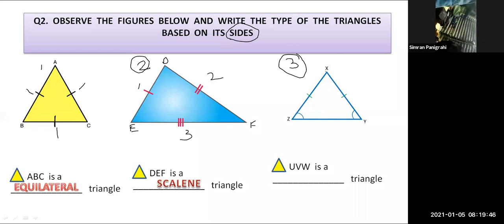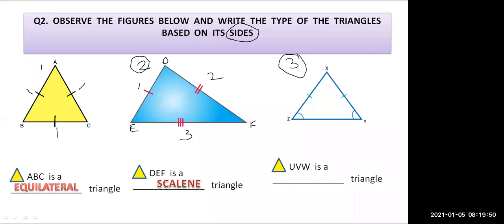Side XZ and side XY. Very good. See, side XZ and side XY, these two sides are similar to each other because they have these lines. And on this side, we don't have any line. So we cannot say that it is similar to these two.